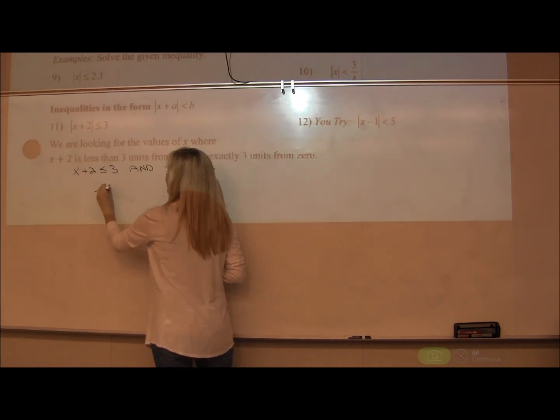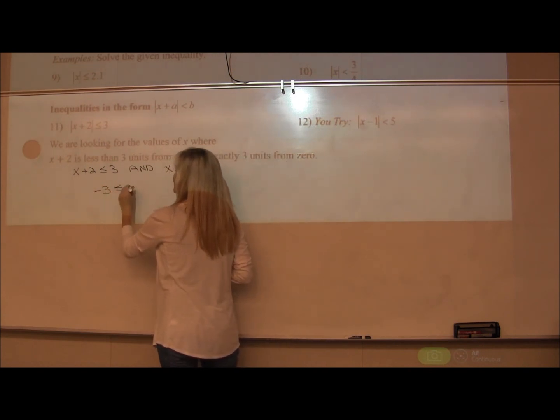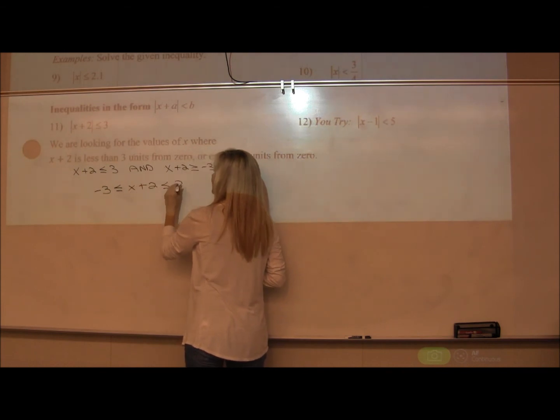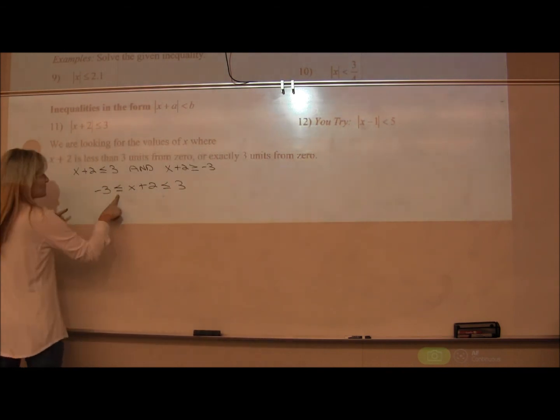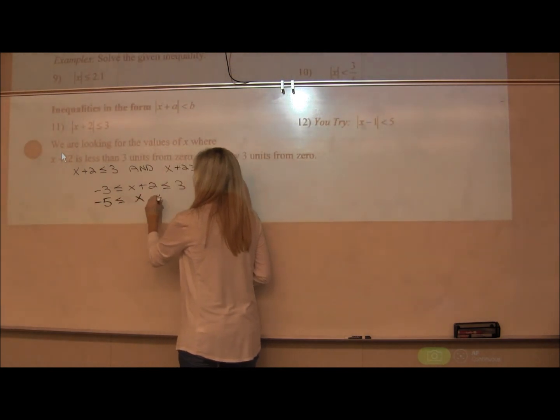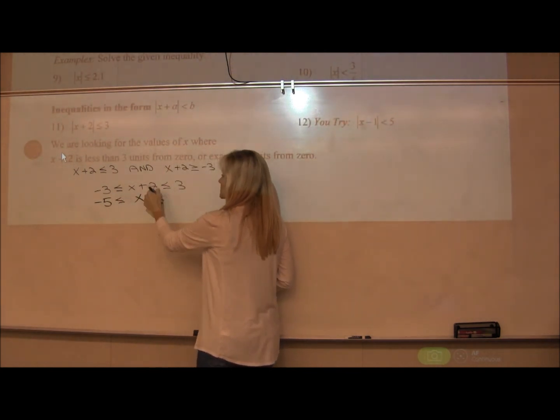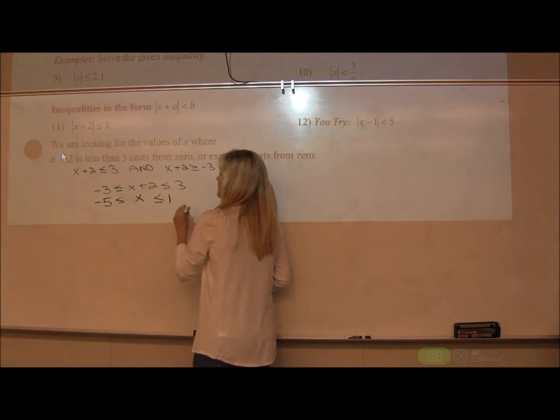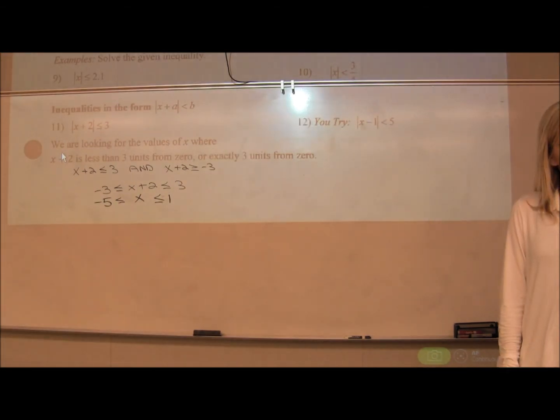But again, an easier way to write this is, okay, this is the same thing as that. Negative 5 is less than or equal to x is less than or equal to 1, we're just subtracting 2 from everything. Anybody have an answer?